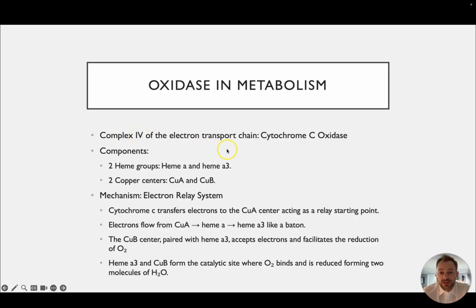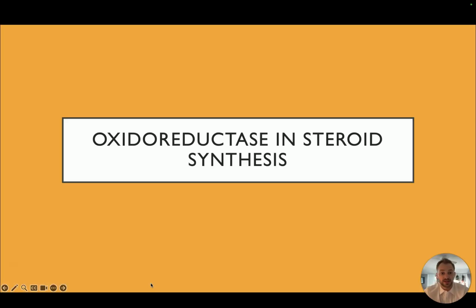Complex 4 cytochrome C is an incredibly important oxidase, which passes electrons from one copper center to two different heme groups, heme A and A3, which are referred to as cytochrome AA3. And then when molecular oxygen binds heme A3, the terminal copper center actually donates its electrons, producing a molecule of water.